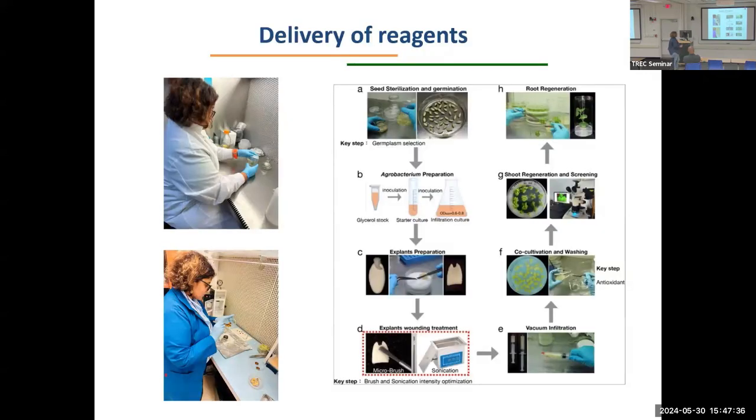So this is once the construct is ready. This is Agrobacterium mediated transformation. Once we prepare the explant, for the Agrobacterium carrying that particular construct, we pick a single colony from the plate, and culture it overnight and let the culture grow.